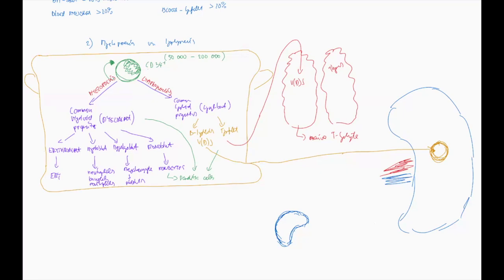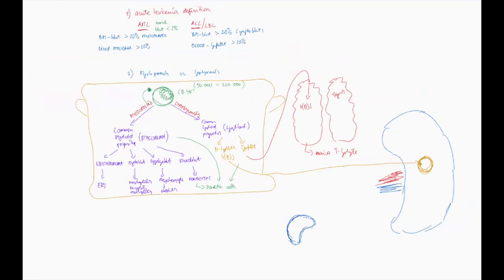And there's a bit of a discrepancy, especially with the spleen. What do we call primary and secondary lymphoid tissue? Okay, so what is primary tissue? Well, it's very simple. Primary lymphoid tissue is the thymus and the bone marrow, okay? And everything else is secondary lymphoid tissue.